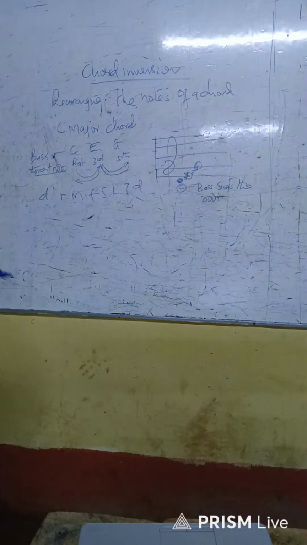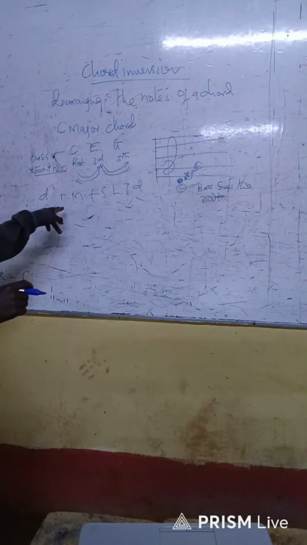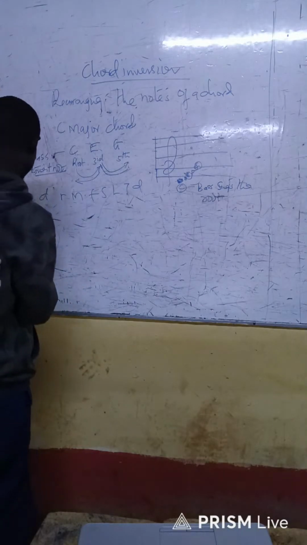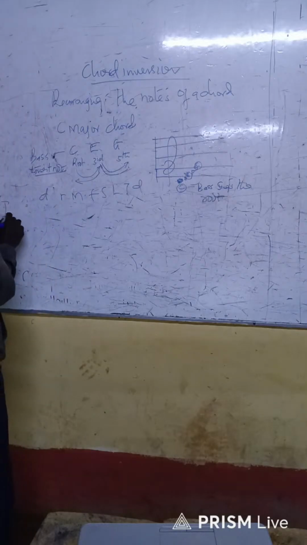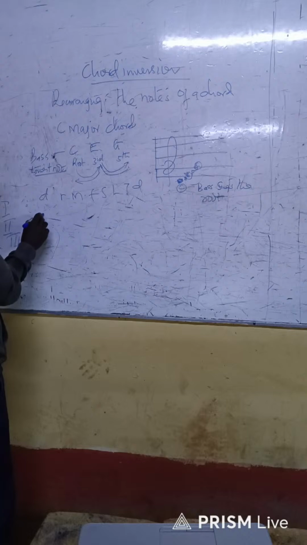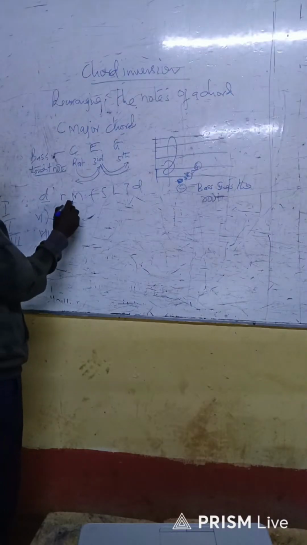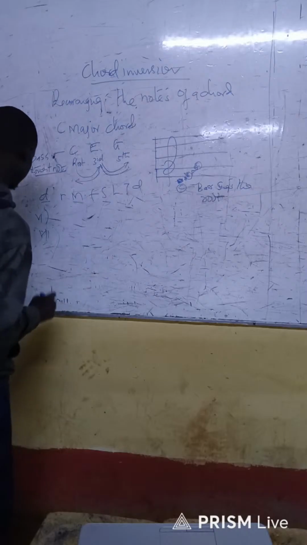If we want to find the chords, we have the first chord, the second chord, the third, the fourth, fifth, sixth, and then the seventh. When we talk about the first chord, we take the first note and the third.